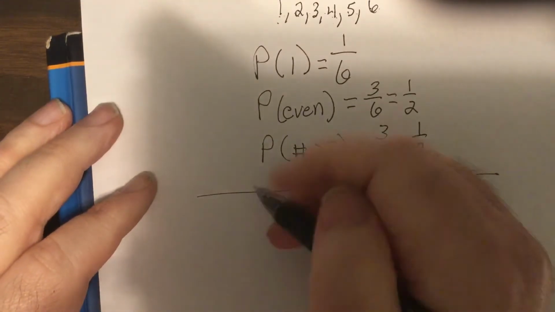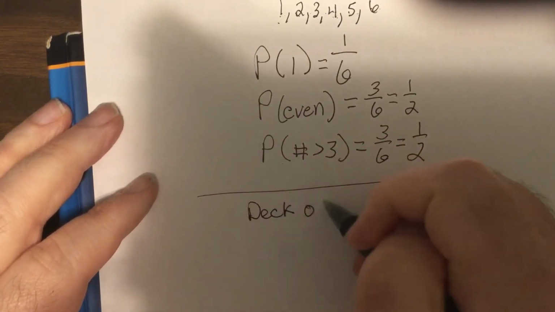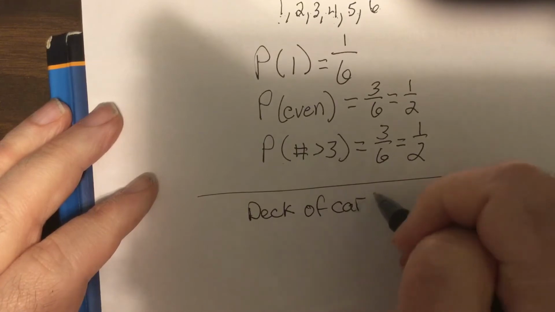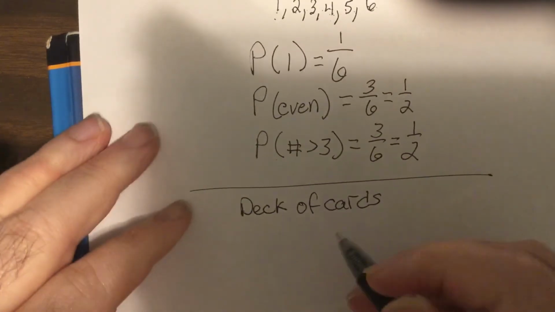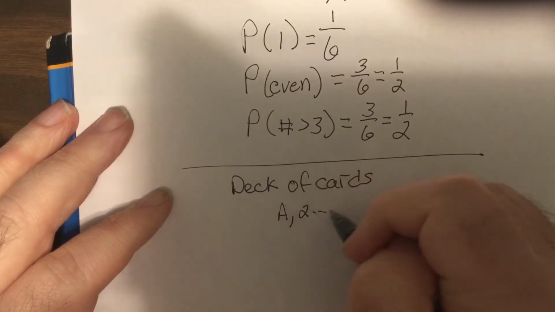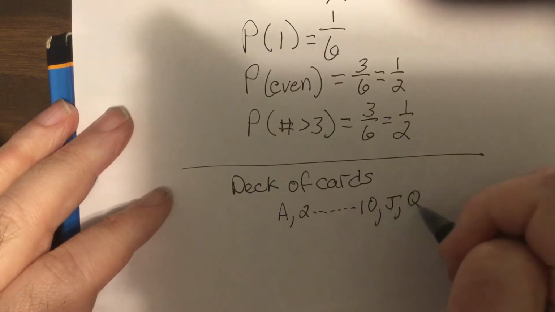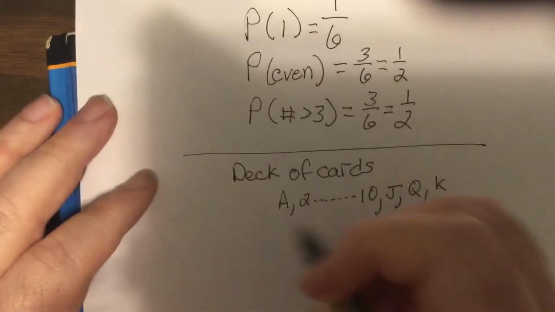So what if we're talking about a deck of cards? Now, cards have ace, 2, 3, 4, 5, 6, 7, 8, 9, 10, jack, queen, king, and there's 4 of them.